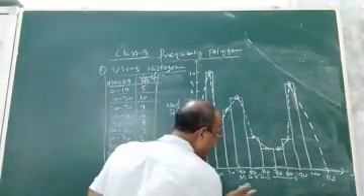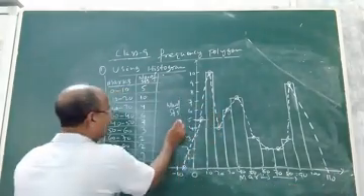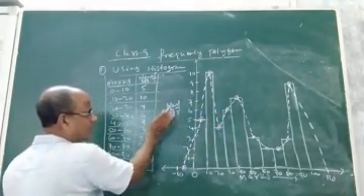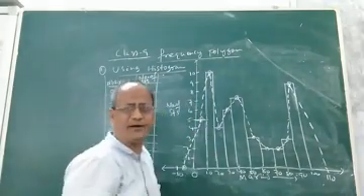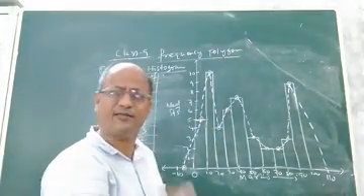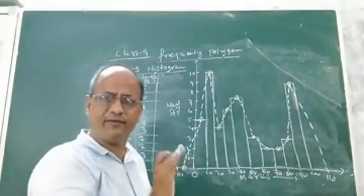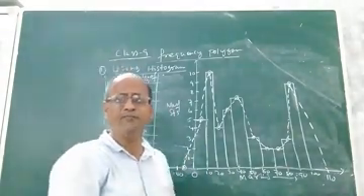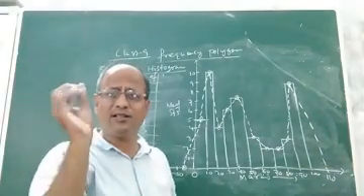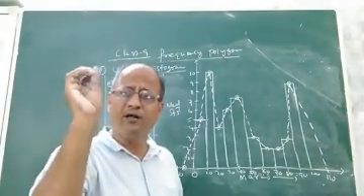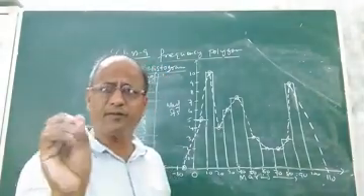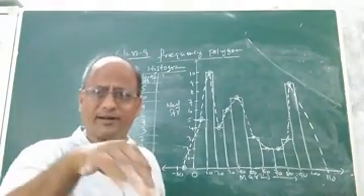I have taken the marks along x-axis, and the number of students or frequencies along y-axis, then choose appropriate scale along both axes, and then you construct the histogram of the given continuous frequency distribution. So after constructing the histogram, what is the next step?